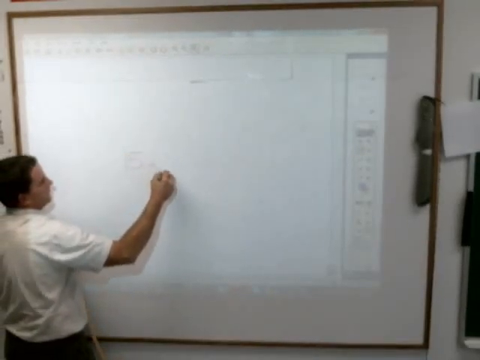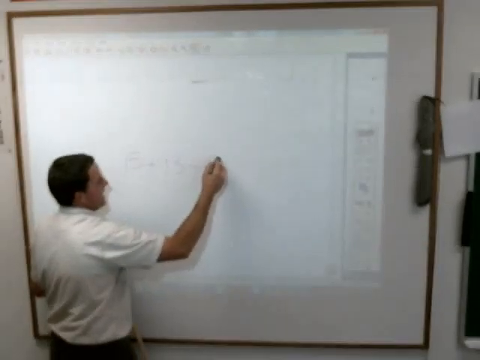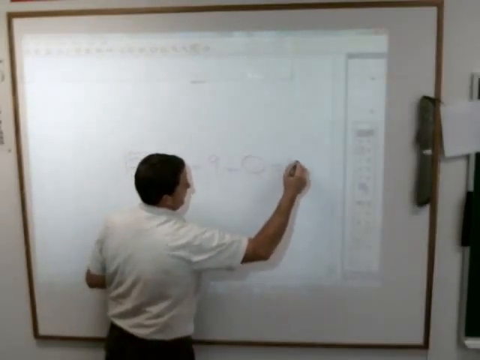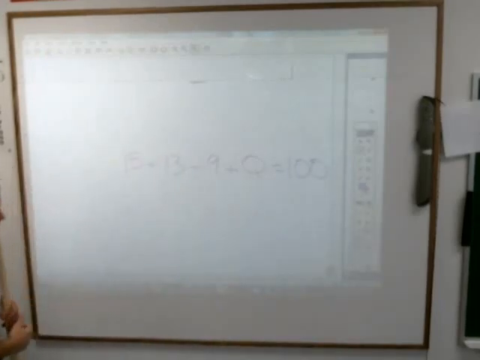What about this problem here? 15 plus 13 plus 9 plus q equals 100. Suggestions on that one? Before you think of an easier problem, what do you think we should have to do there? Grace? 15, 13, and 9 together.